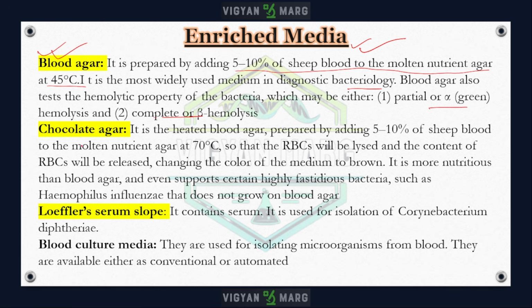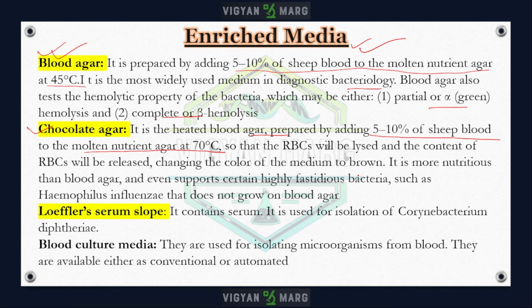And another is chocolate agar, which is heated blood agar prepared by adding 5 to 8% of sheep blood to the molten nutrient agar at 75 degrees centigrade. The red blood cells lyse, releasing hemoglobin and factors such as factor X into the medium.